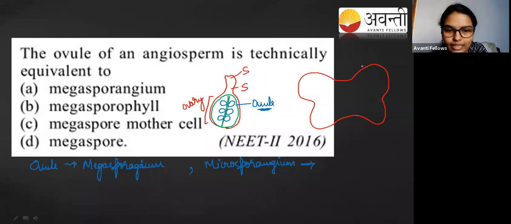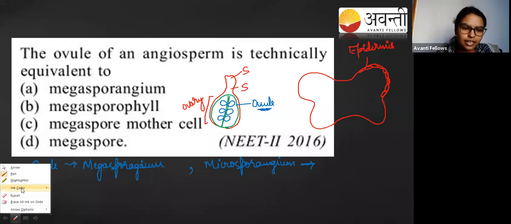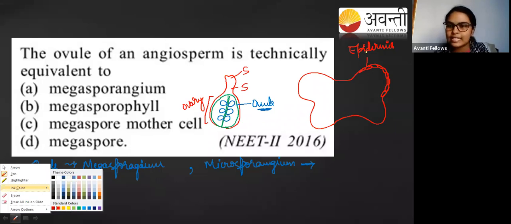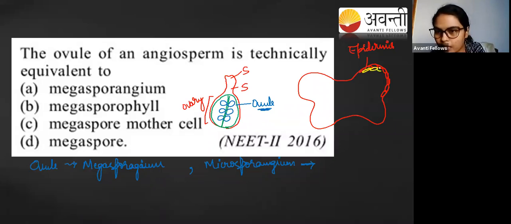Okay, so look at this, guys. This is the TS of anther, right? The outer layer is called epidermis, and inside the epidermis there is another layer called endothecium.